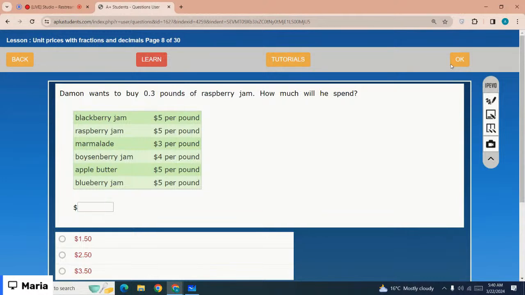Damon wants to buy 0.3 pounds of raspberry jam. How much will he spend? So which is the correct option? Raspberry jam is $5 per pound. So which is the correct option?